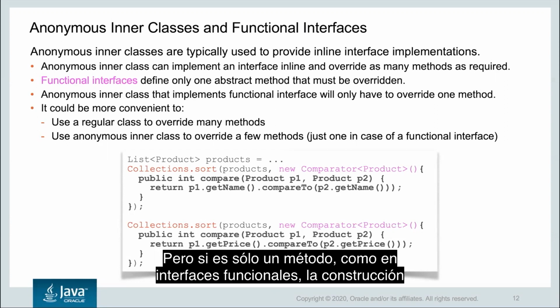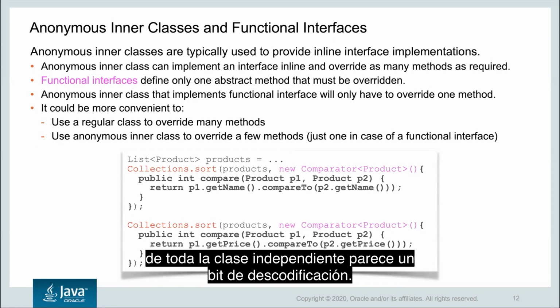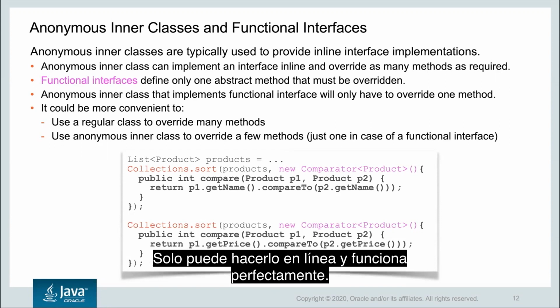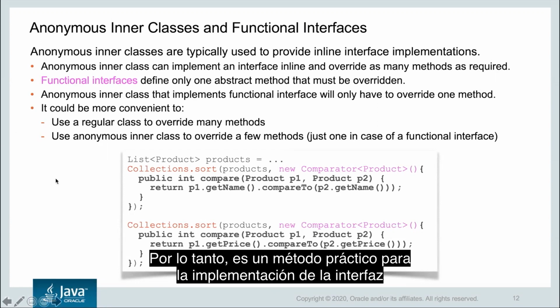But if it's just one method, as in functional interfaces, then constructing a whole separate class seems like a bit of an overkill. You can just do it inline, and it works perfectly fine. So it's a convenient approach to functional interface implementation.